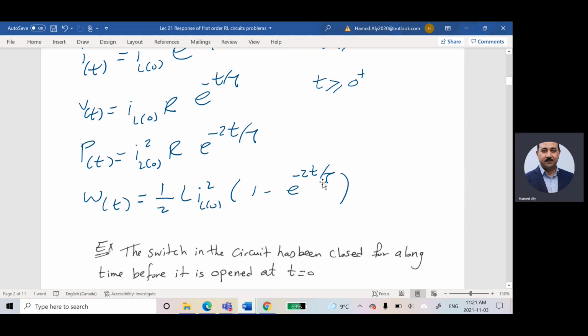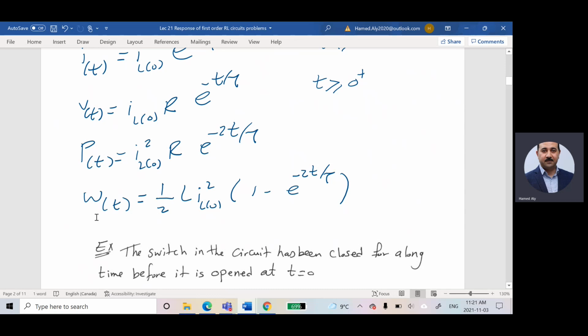If I put T is equal to 0, it gives me 0, because e to the power 0 will be 1, and 1 minus 1 will be 0. So this is not representing the energy for the inductor. You can use it, but you have to put T tends to infinity. At that time, the initial energy stored, which is the energy, that's why I didn't write subscript L here.